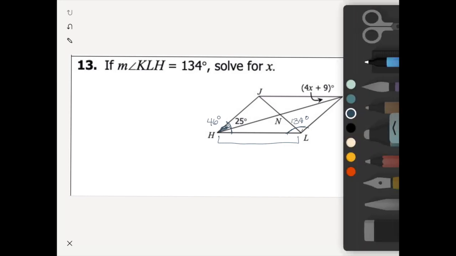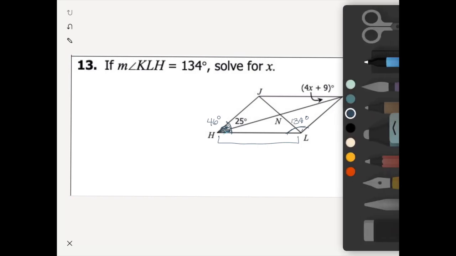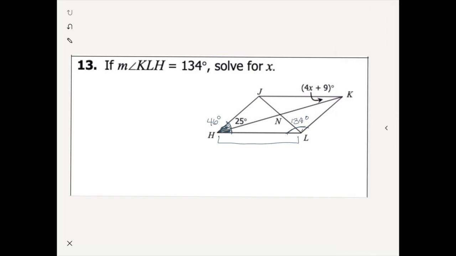Now, we know that's 46, so let's try and find this other little piece right here. In order to do that, we can simply do 46 minus 25, and we know that this is 21 degrees, because 21 and 25 is going to give us 46. 21 and this angle right here, angle K, they are alternate interior angles, and alternate interior angles are congruent.